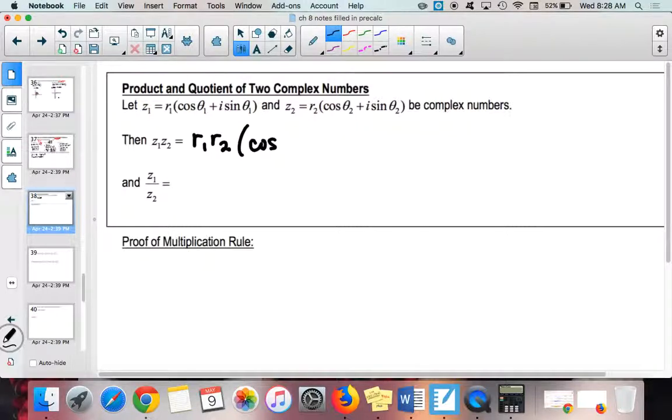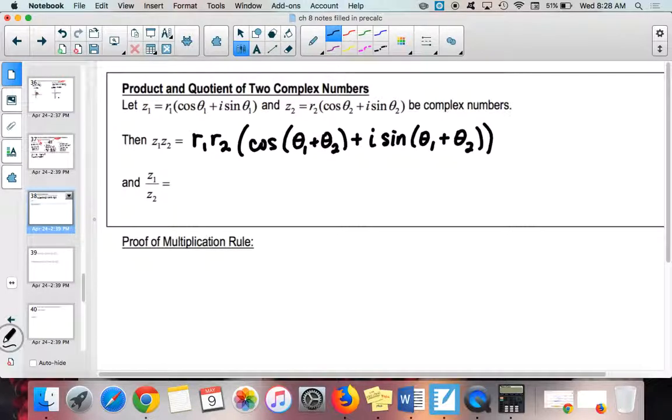It's actually the thetas added together. So we're going to have cosine of theta 1 plus theta 2, plus i times sine of theta 1 plus theta 2. So we multiply the moduli, the radii, and then we add our angles.